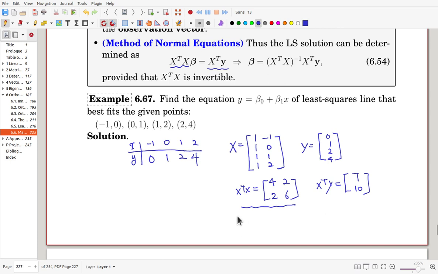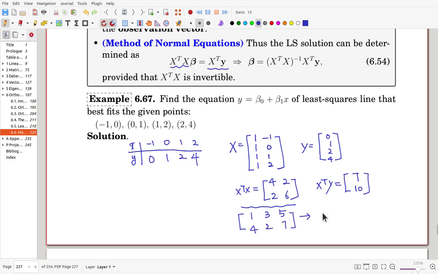Here, we may try to use elementary row operations. We write down this one on the top, scaled by 2. Then it's 1, 3, 5. And then, now that is 4, 2, 7.